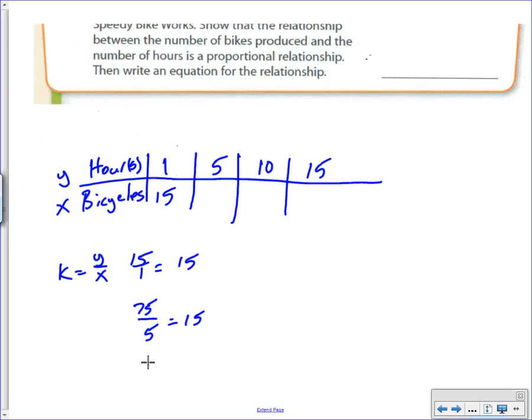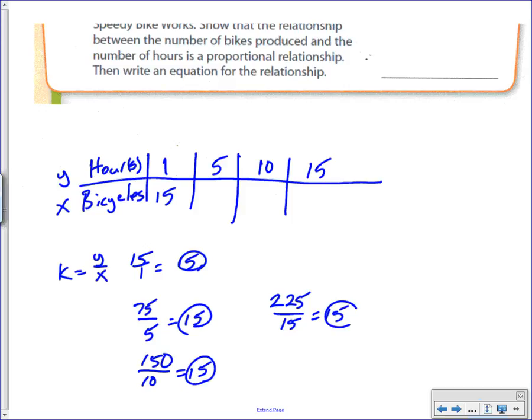And then our next one, 10: 10 times 15 is 150. And then our third one, something over 15 equals 15. So 15 times 15 is 225. And they all equal 15. And that is what makes this table proportional.